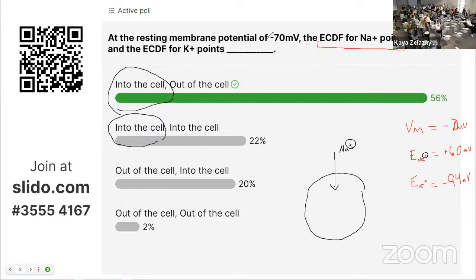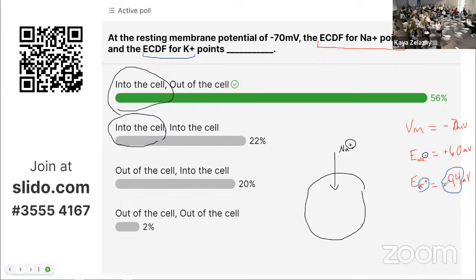Then we need to think about our potassium. For potassium, thinking about the same starting situation. So we're still starting with a membrane potential of -70. But now we have an equilibrium potential for potassium of -94 millivolts. So just like sodium, potassium is a positive ion, still going to take that positive charge with it wherever it goes.